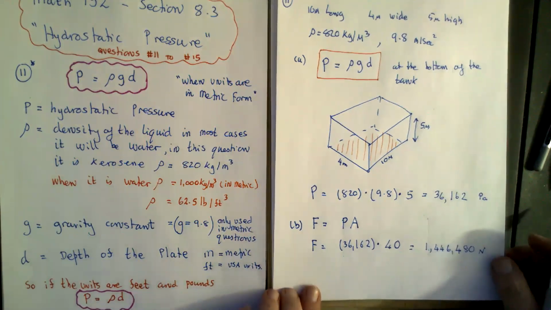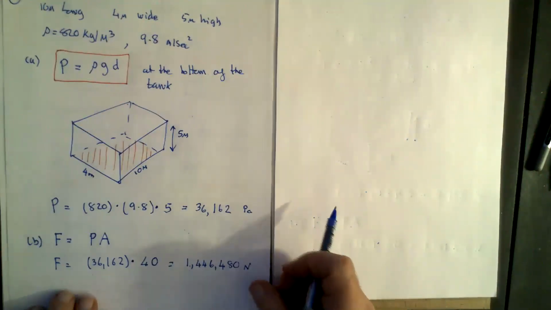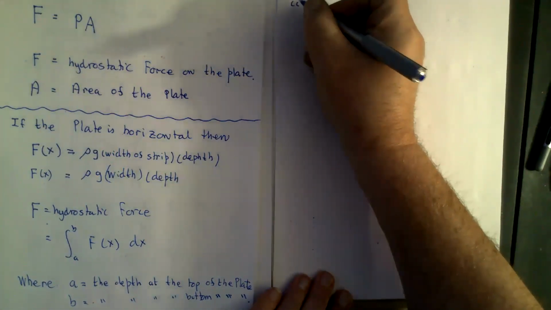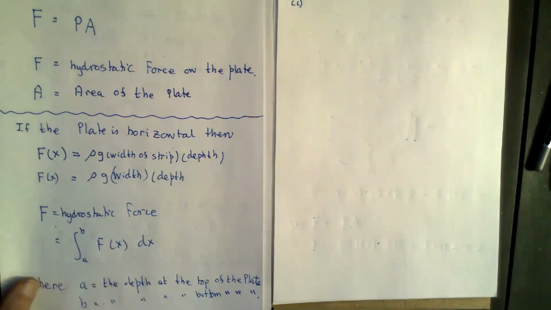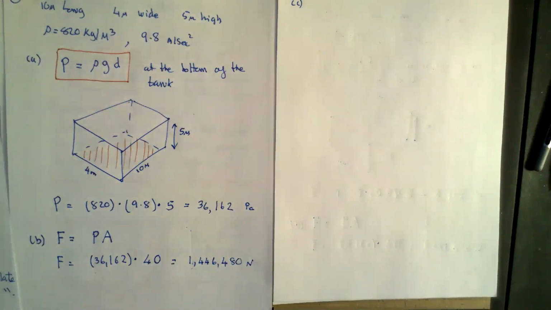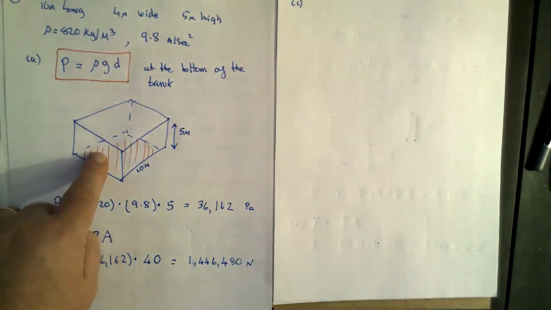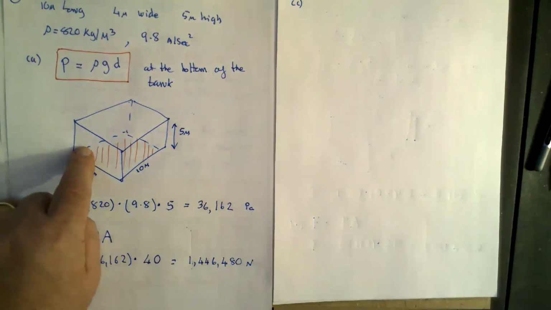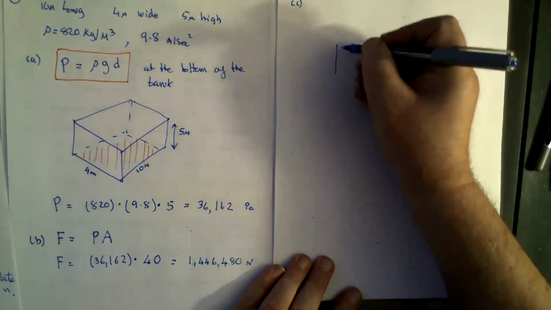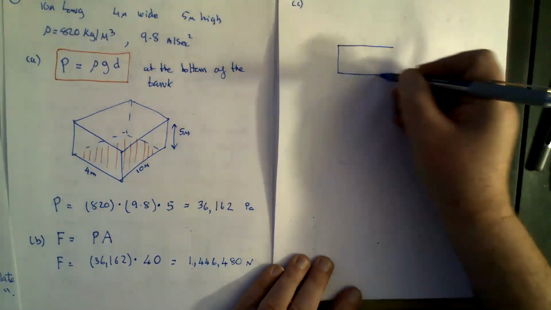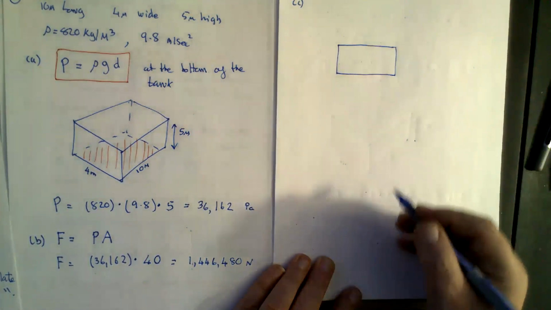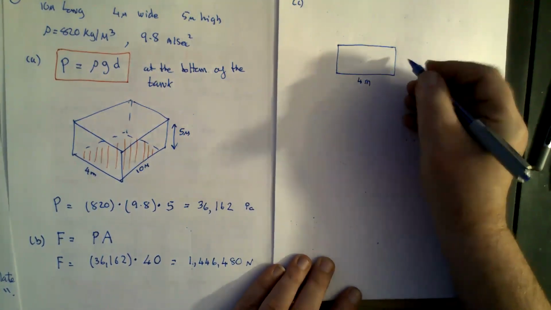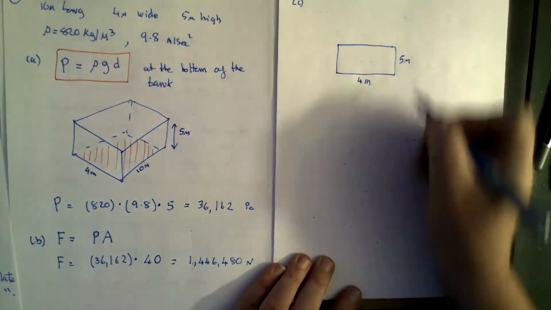Then they do question C on us. For question C, they ask us to find the pressure on one of the plates. I believe they want this plate here. So can you imagine, this is a side on. This is our plate, and it's 4 meters by 5 meters.